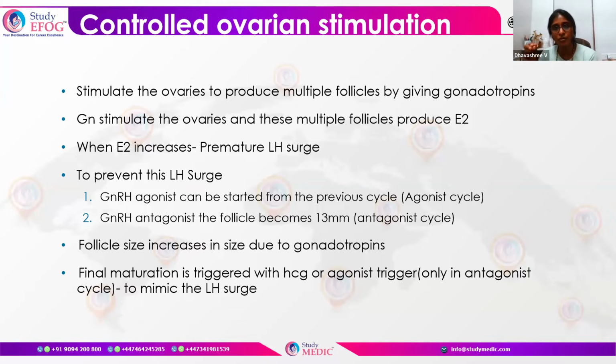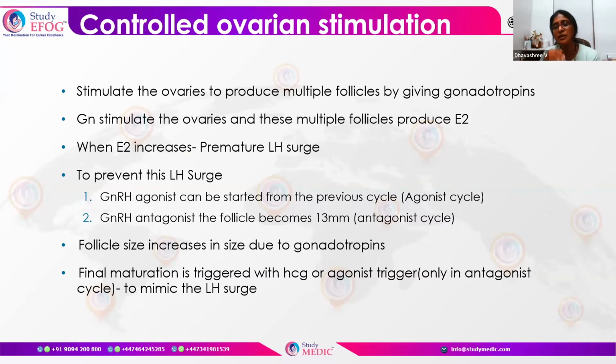When we give gonadotrophins, they act on the ovaries and make them produce follicles. When the follicles develop, they produce estradiol. Estradiol, when it reaches a particular value, causes an LH surge.